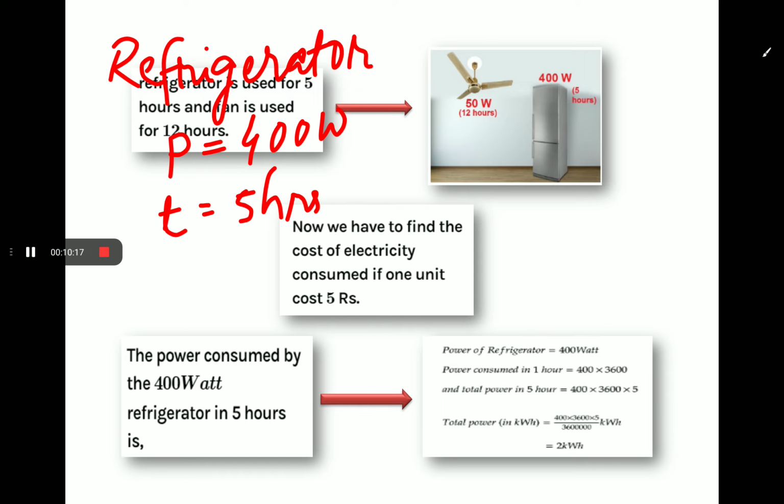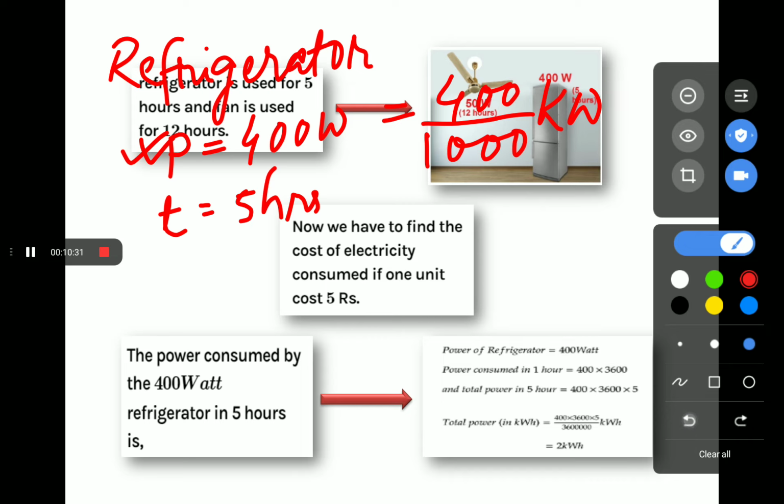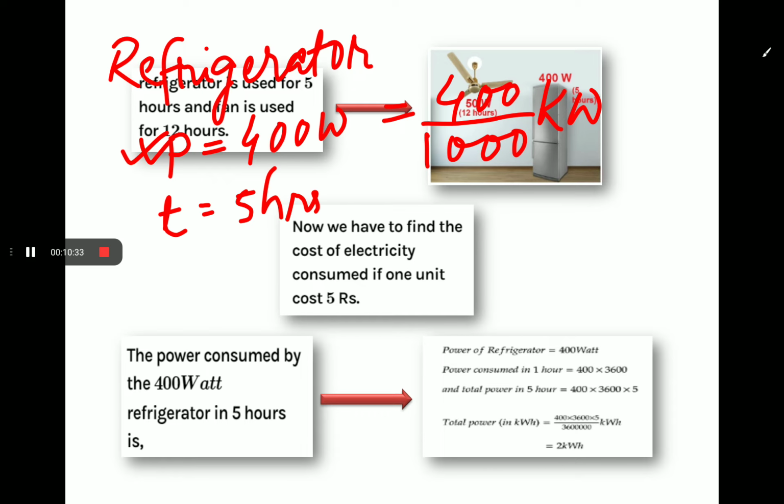Firstly, we will convert watt into kilowatt, that is 400 by 1000 kilowatt, and it becomes 0.4 kilowatt.